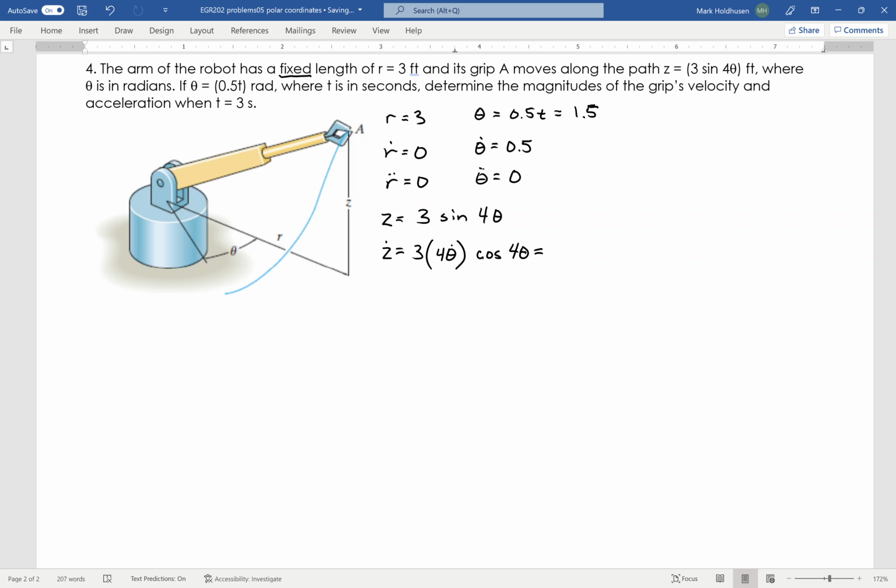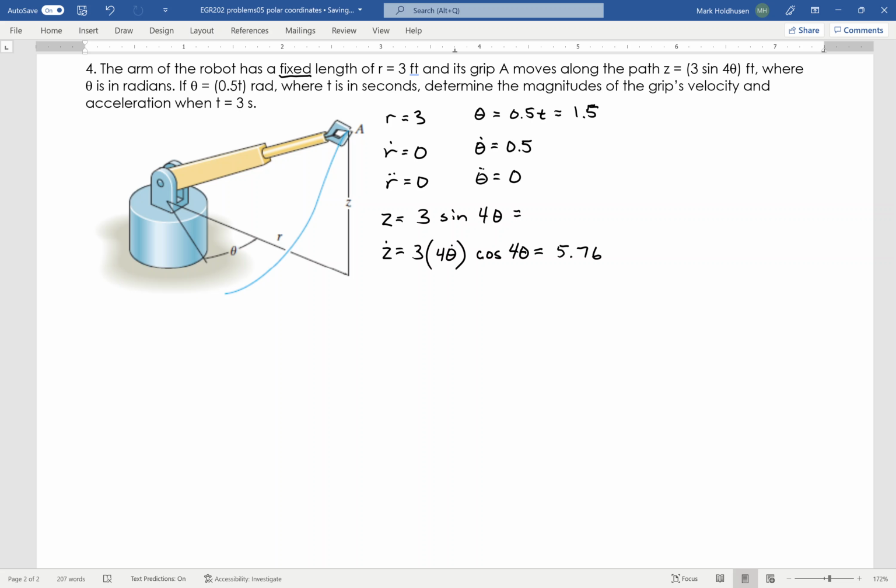Now, I plug in what I know. I know theta is 1.5, right? I know theta dot is 0.5, okay? So I can go through and I can find that this becomes 5.76. I probably should have done that up here as well, taken that 1.5, thrown it in here.